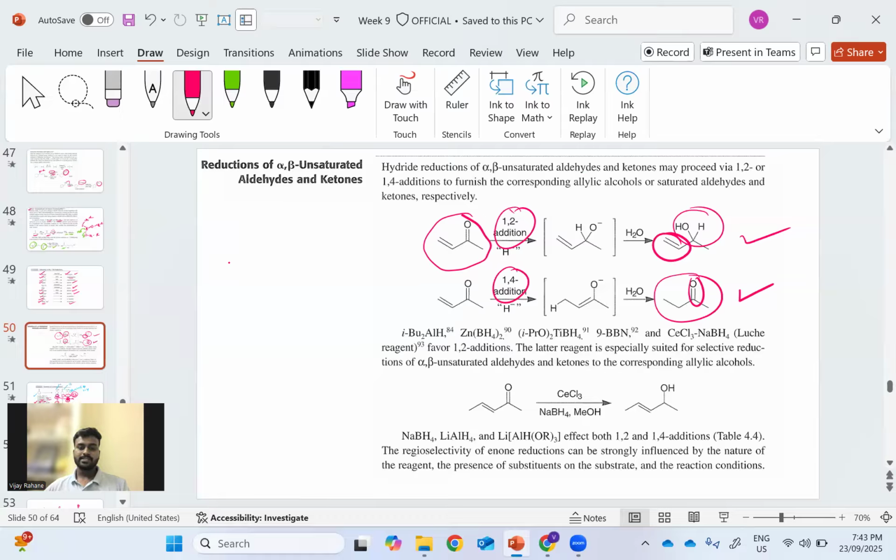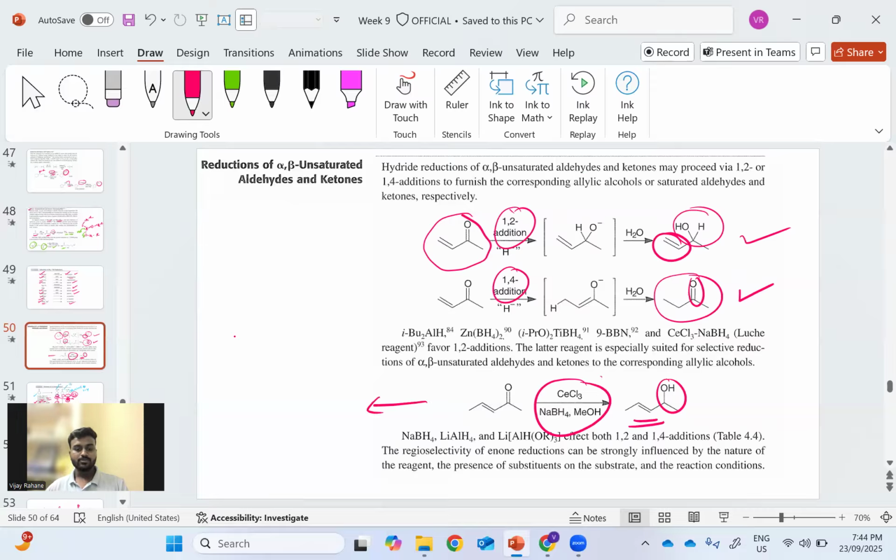Here one of the reagent combinations is the cerium trichloride salt with the NaBH4 and methanol. When you use this reagent combination, we can selectively reduce the carbonyl group by keeping the alpha beta unsaturated double bond intact. So once you use this cerium trichloride salt, this reduction will work in this fashion.